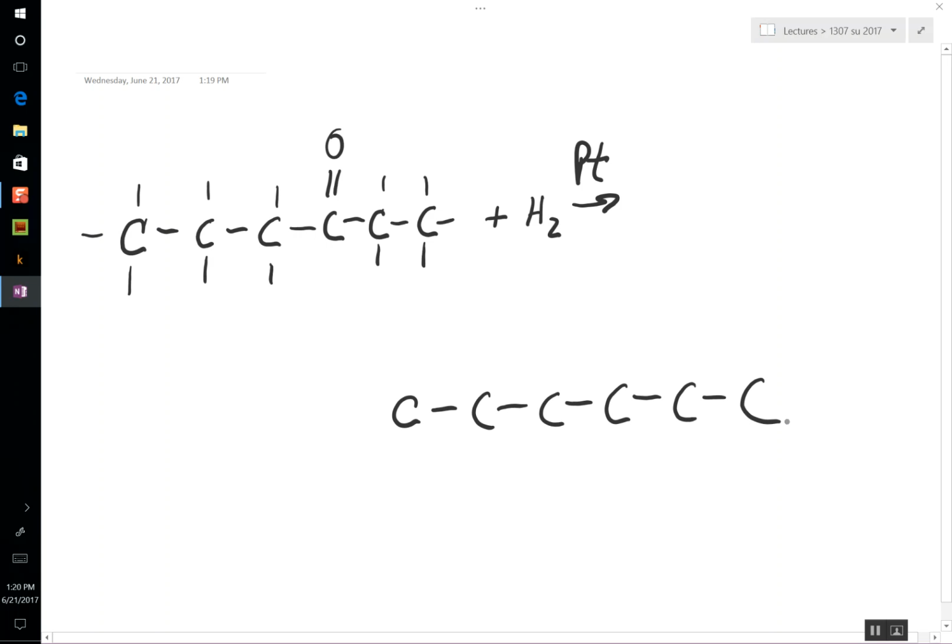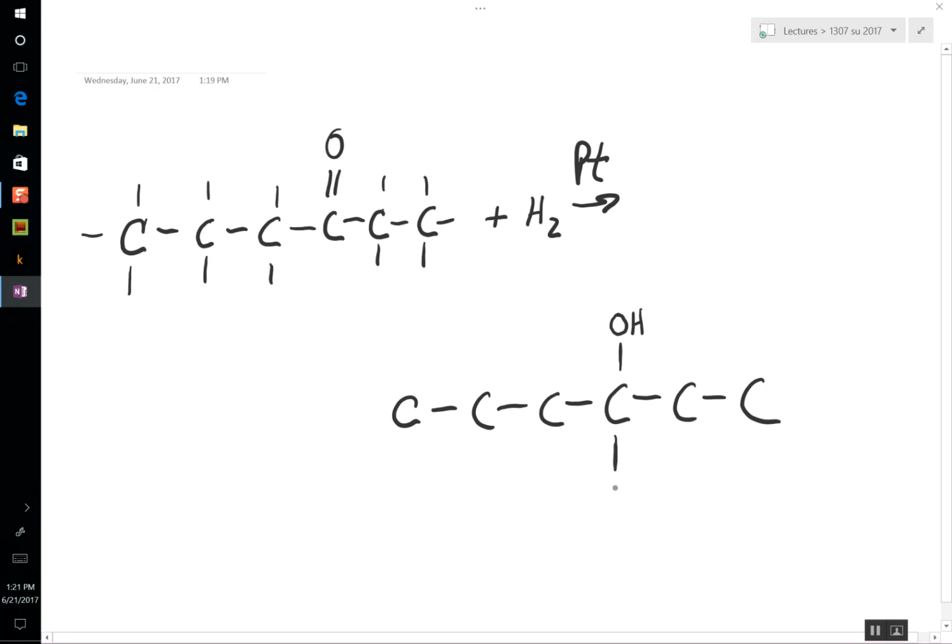All right, so it's 6 carbons long. What are we going to have here on that carbon? An OH.